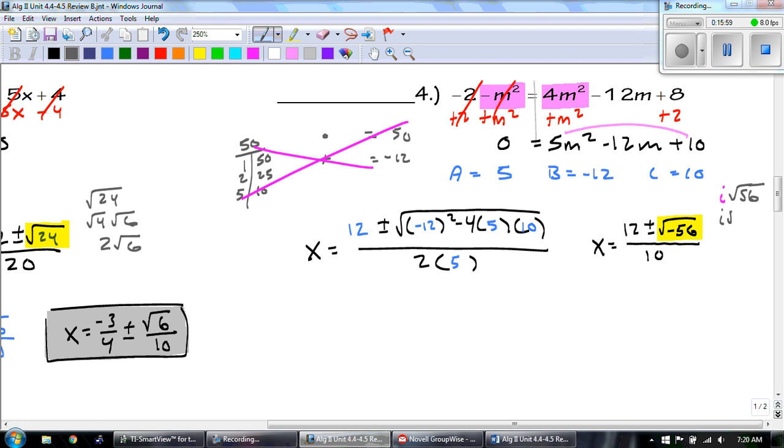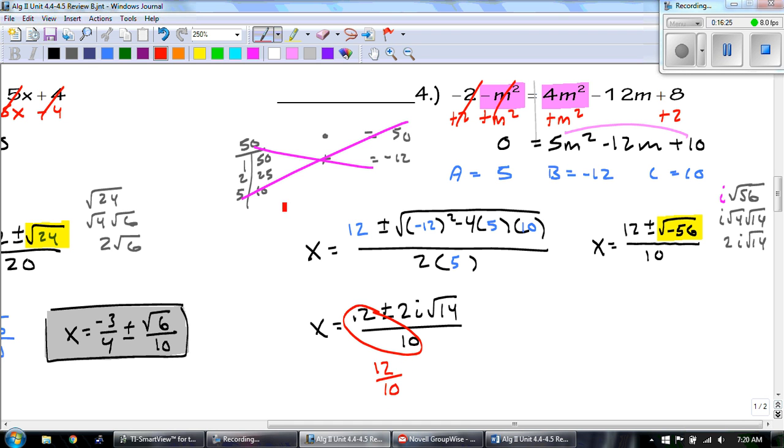So we have i square root 4 square root 14, which turns into 2i square root 14. So we have 12 plus or minus 2i square root 14, all divided by 10, and then we break that down.